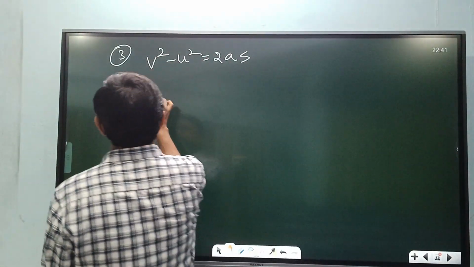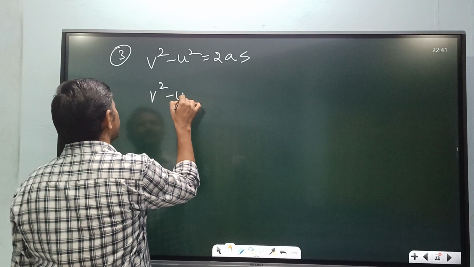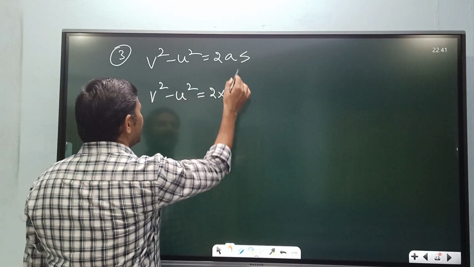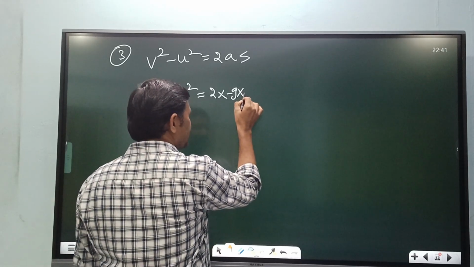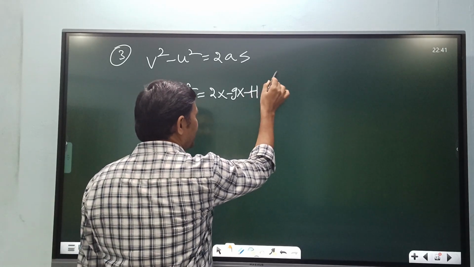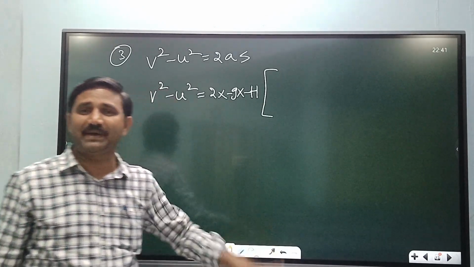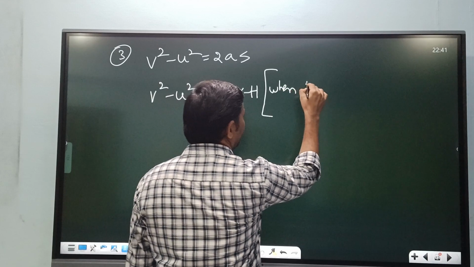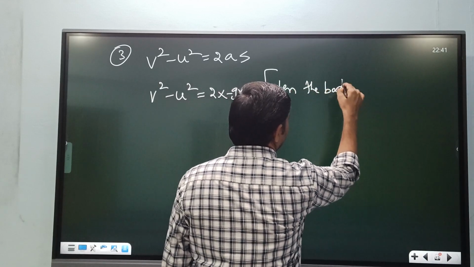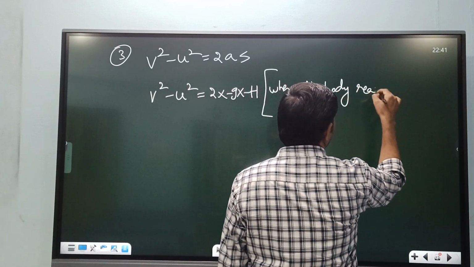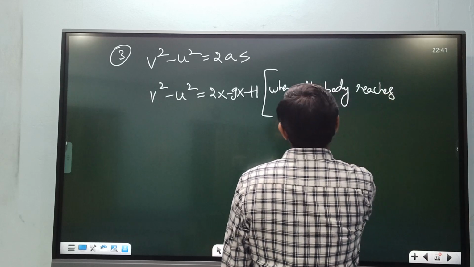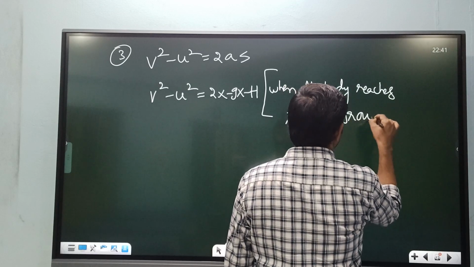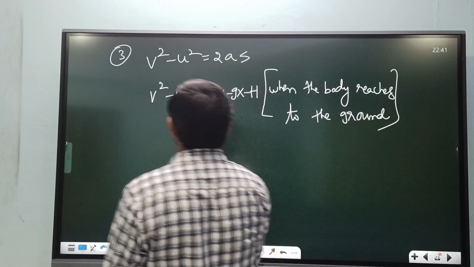So here also, V square minus U square is equal to 2 into A, where the value of A is minus G, and the value of S is minus H. When the body reaches the ground, S is replaced by minus H.